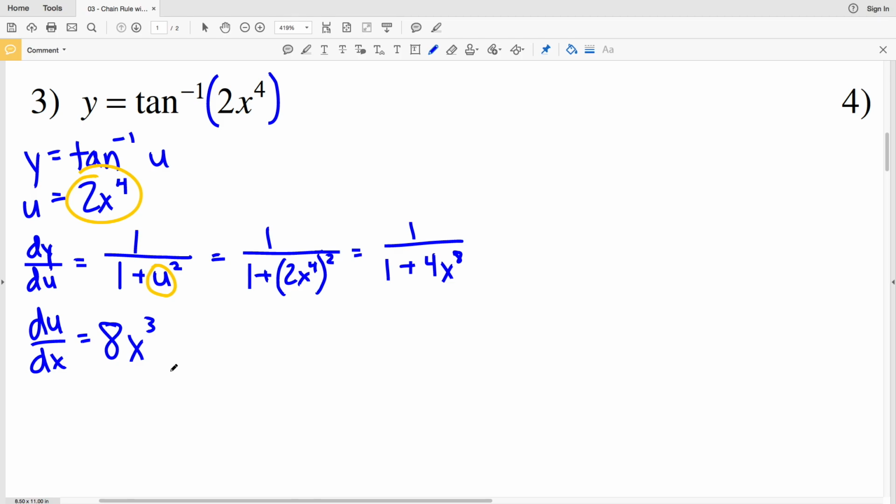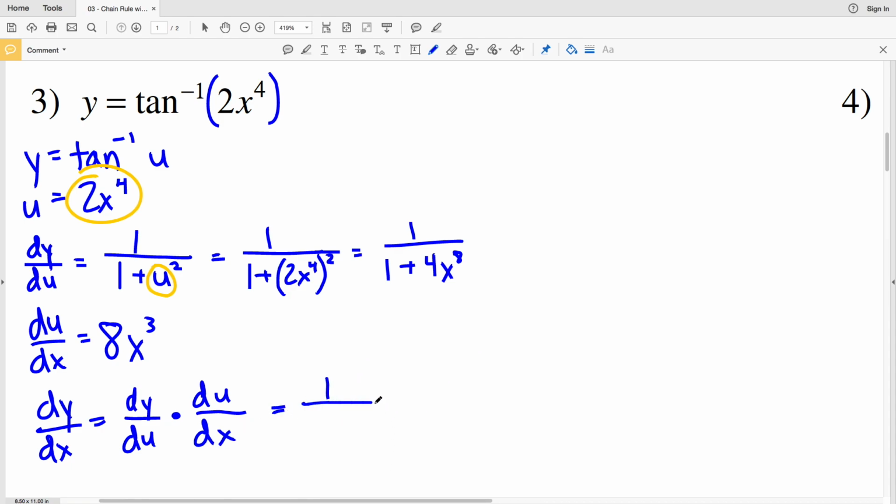power function combined. So my last step, I know that dy dx, the derivative of my entire function, equals the derivative of y with respect to u times the derivative of u with respect to x. So I'm going to be multiplying those together.